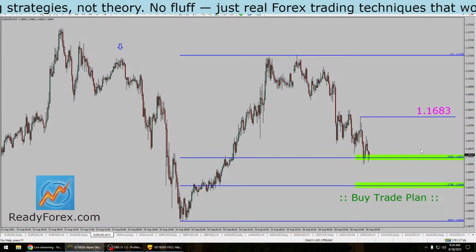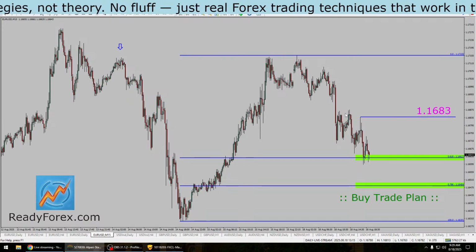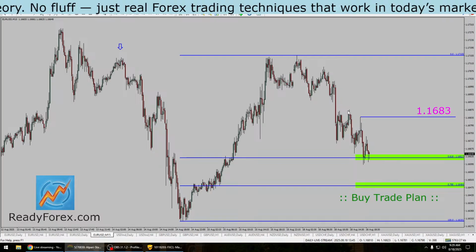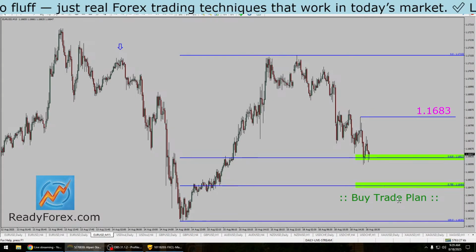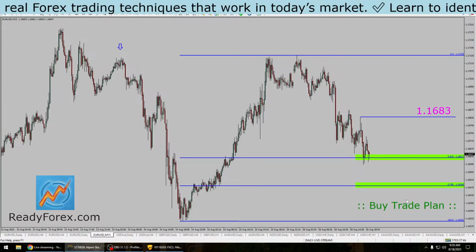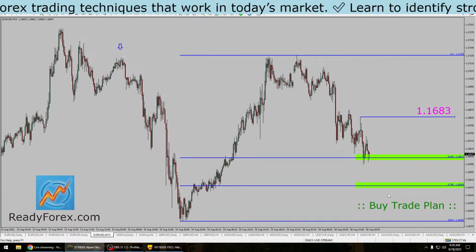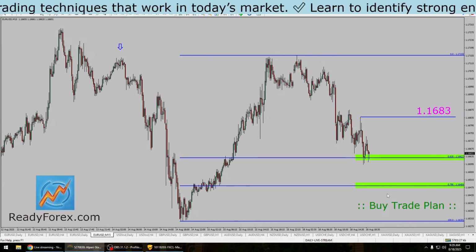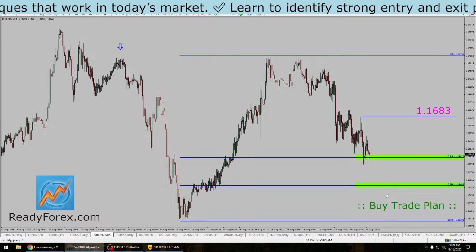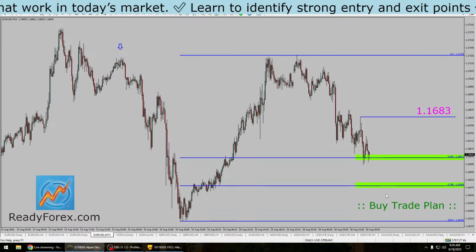Now on Friday I had a sell trade in euro dollar currency pair, which I closed with a profit earlier today, and now I'm looking for a potential buy trade setup over here inside euro versus United States dollar currency pair.